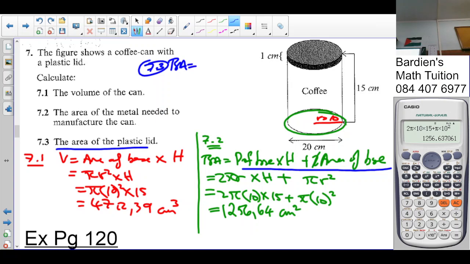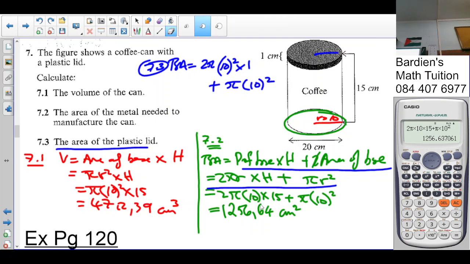So the perimeter of a circle is 2 pi times height plus twice area of base, which is exactly this here, not so? It's going to be 2 pi. What's the radius of the lid now? It's also 10 times, what's the height of the lid now? 1 plus pi times 10 squared.